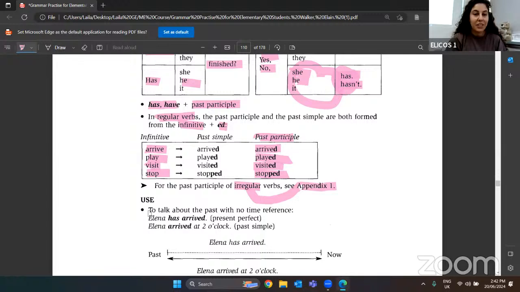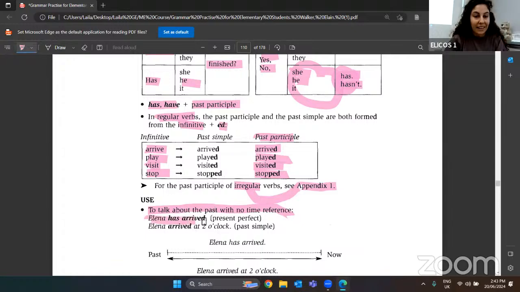So again, we use the present perfect to talk about the past with no time reference. That means we don't know when the action happened. So if I say, I have watched that movie, you don't know when I did it. I just told you that I finished an action.